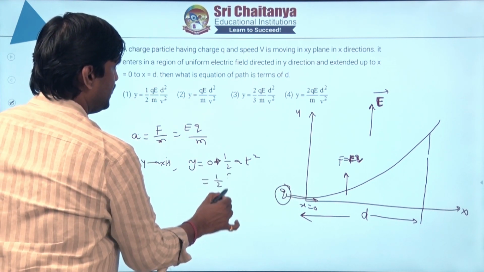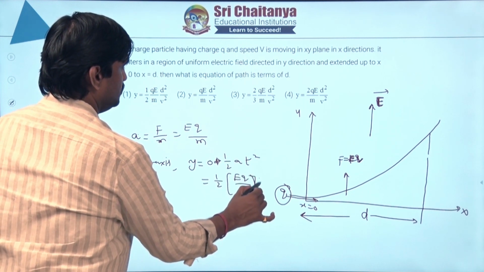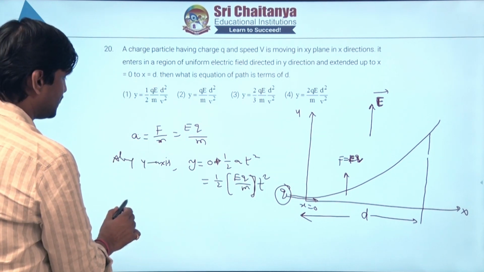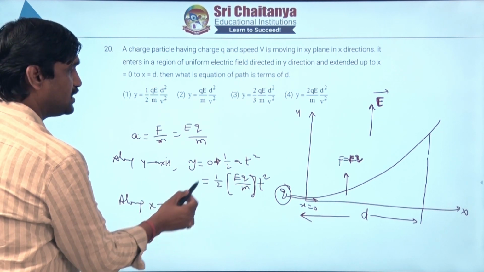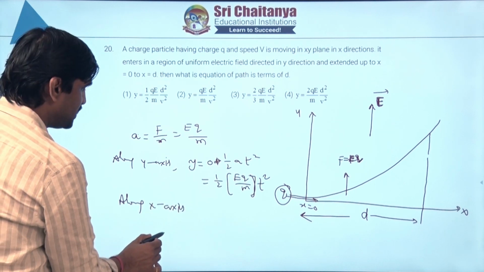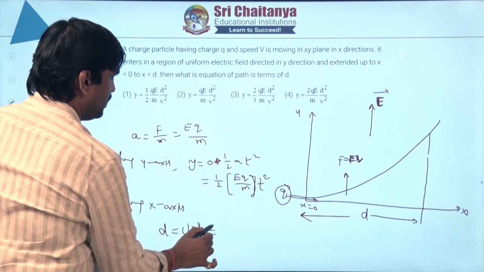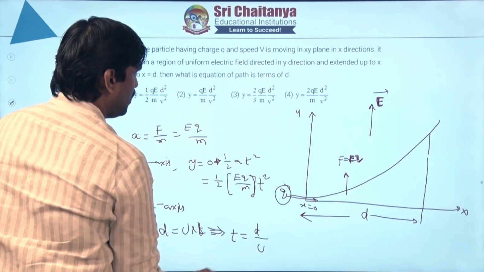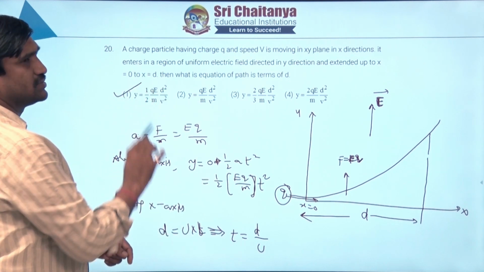Now half EQ by m into t square. But along x axis acceleration is 0, thereby it moves with uniform velocity. Therefore distance travelled is equal to velocity into time. Now t is equal to d by u. Now by substituting this in this equation, you will get this as correct answer.